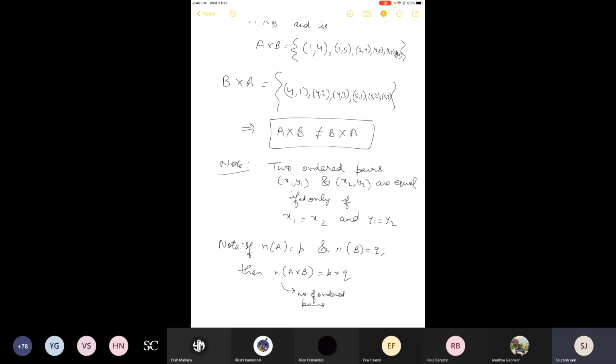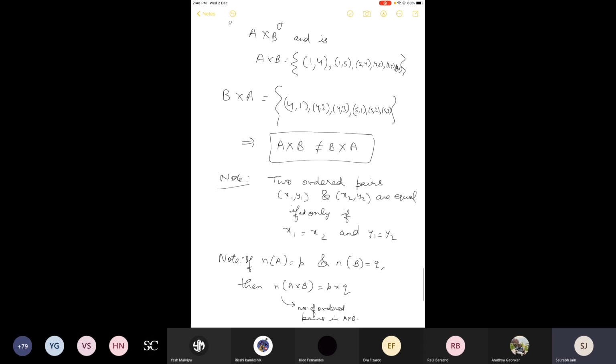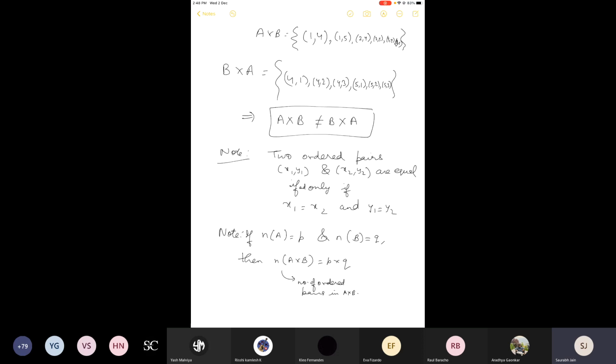Number of ordered pairs in A cross B. We can understand this thing from the first example only. If the number of elements in A is P and the number of elements in set B is Q, then the number of ordered pairs that will be formed in A cross B will be P into Q. Let us see if this is true or not.